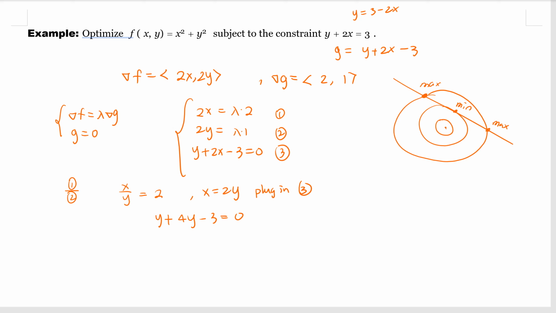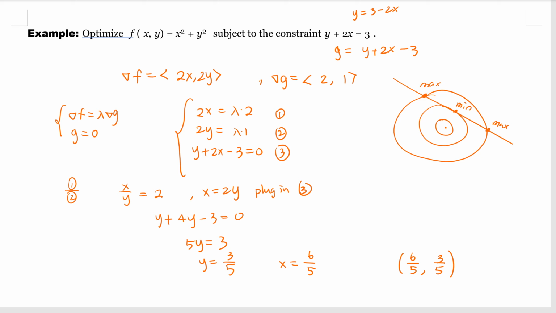So here we got 5y equals 3, y equals 3 over 5. Okay, and then what is x? x is 2 times y, so x is going to be 6 over 5. So we get (6/5, 3/5). So we only get one solution.